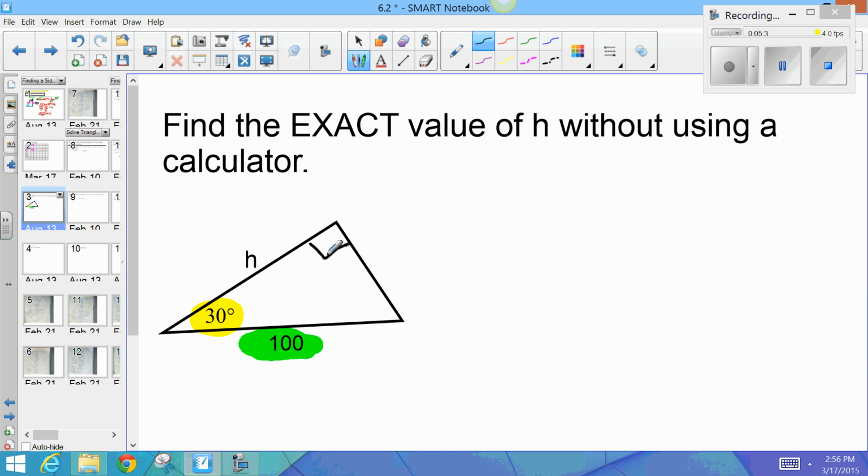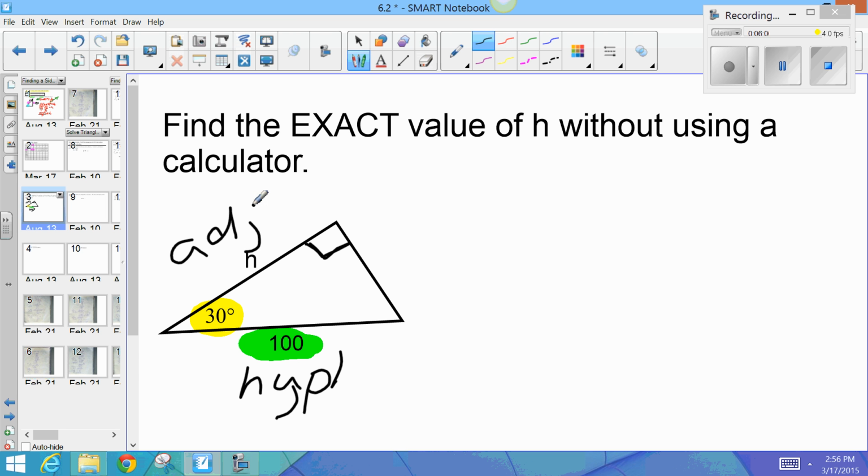So the side across from the right angle is 100. So 100 is the hypotenuse. And h is the adjacent side. It's next to 30. It's not across from 30. So the relationship between adjacent and hypotenuse is cosine.